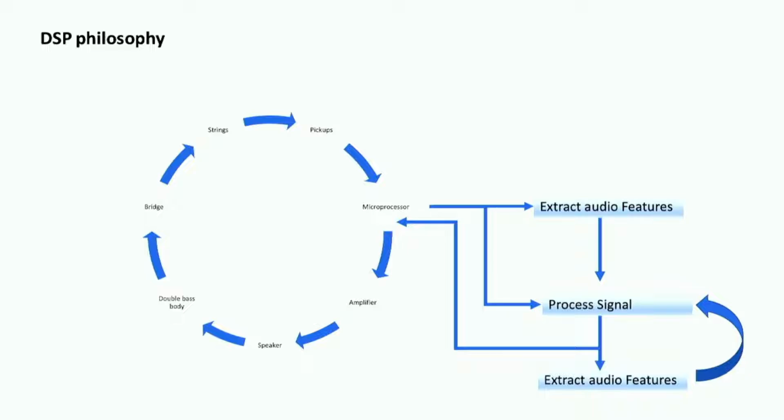So what I'm doing here is that I let the algorithm listen to features of the audio signal coming in at its input from the pickups, and I use that to drive signal processes. But I also use the output of the processing itself, listening to the audio features of that and feeding that back into the signal processing.